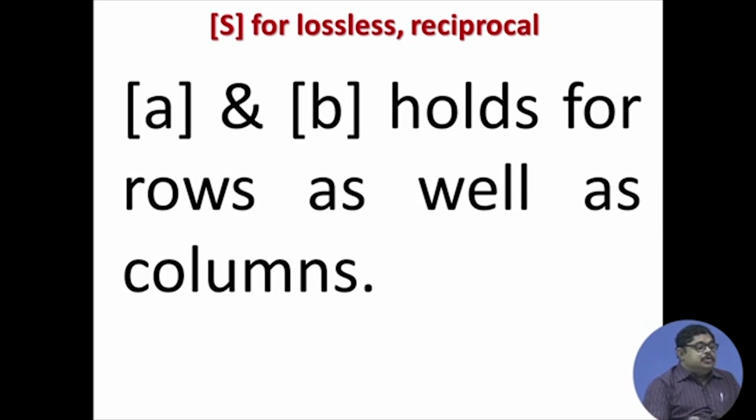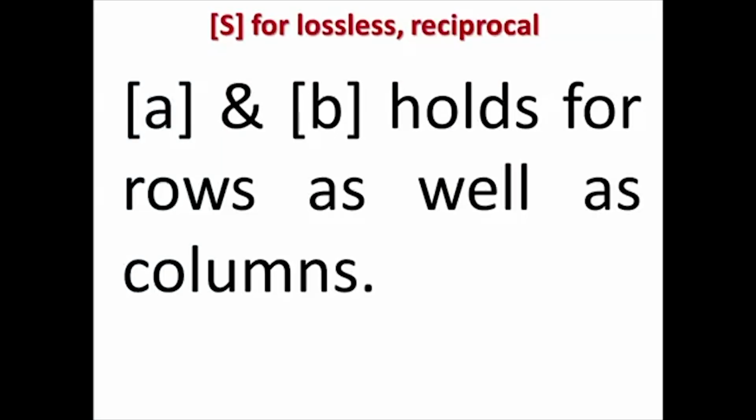Now, if it is a lossless as well as reciprocal network, in that case the property holds for rows as well as columns, because for a reciprocal network the matrix and its transpose are the same. You know columns after transposition become rows. So, here this property holds for columns. Now, for reciprocal, rows also will have this.